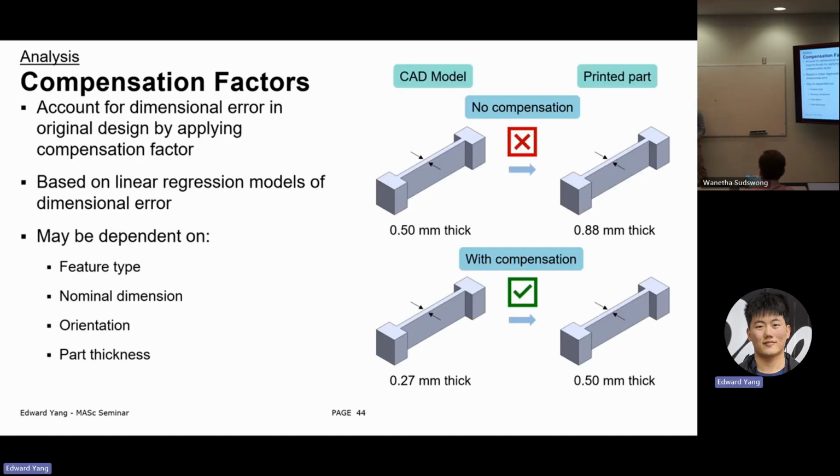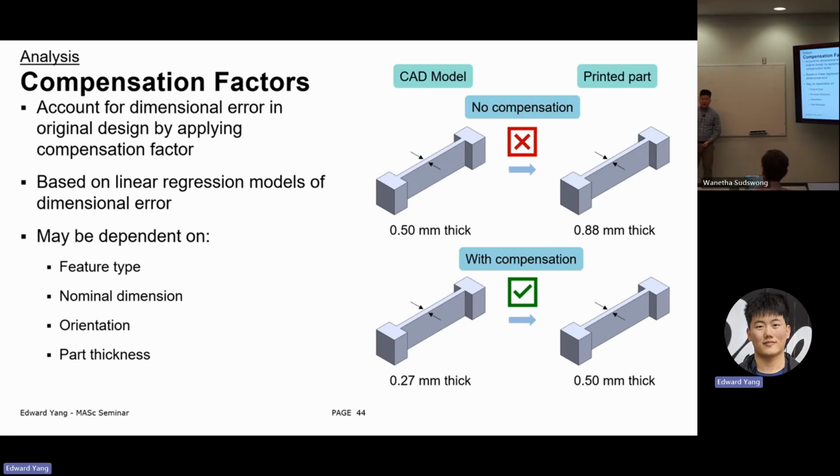And now for the compensation factors. The goal for these compensation factors was to generate a value that can offset the effects of this error. For example, if we printed a model that had a thin wall of 0.5 millimeters thick as designed in the CAD, it would come out as predicted to be 0.8 millimeters once printed.